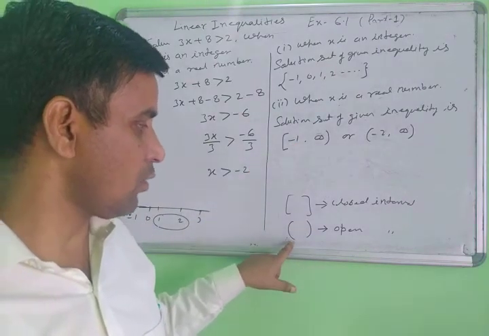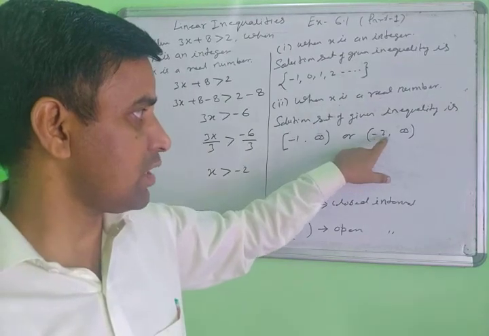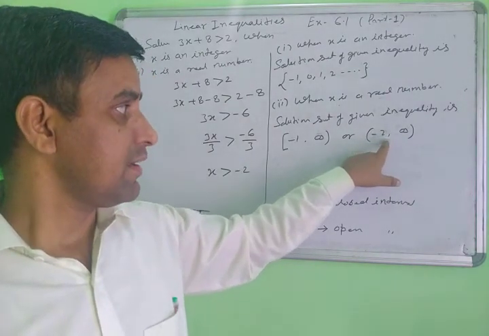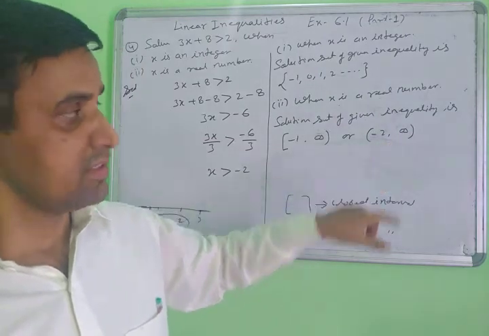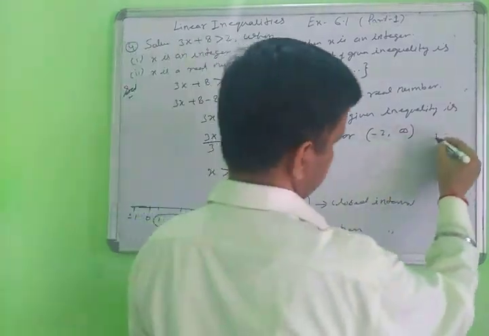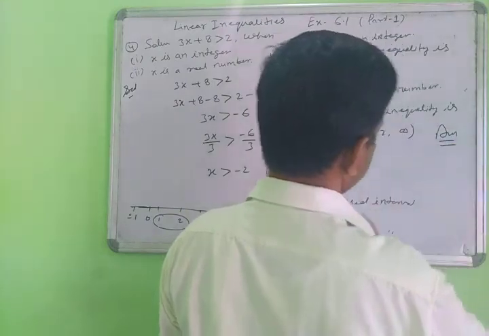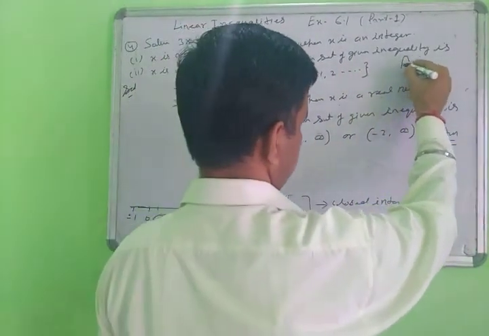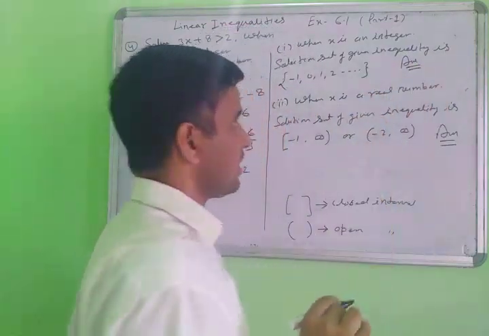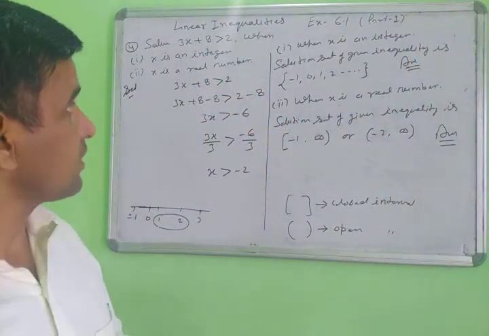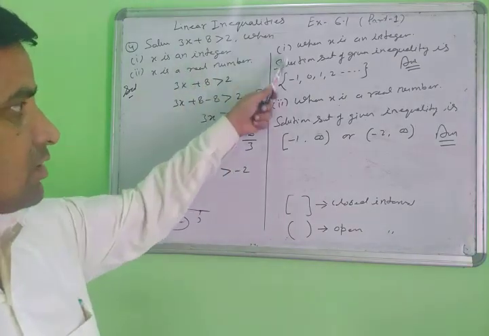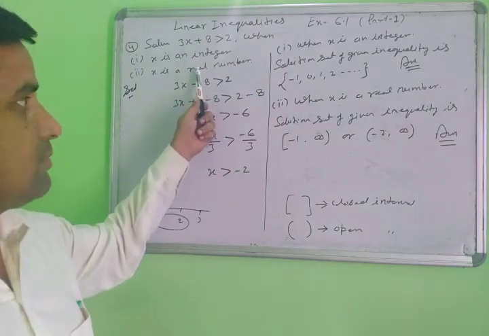When using the open interval, minus 2 and infinity are not included, and all real numbers in between are used. This is your second answer, and this is your first answer. In this way you will solve the question. First you find the value of x, then you put in the values according to the given conditions.